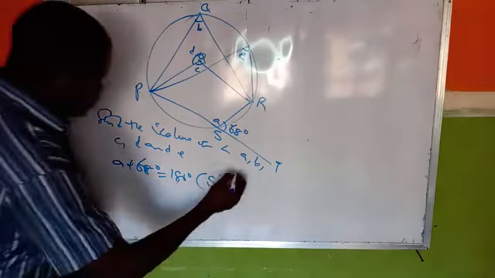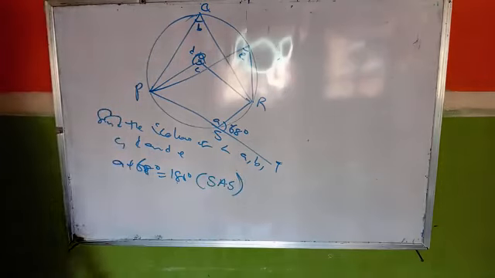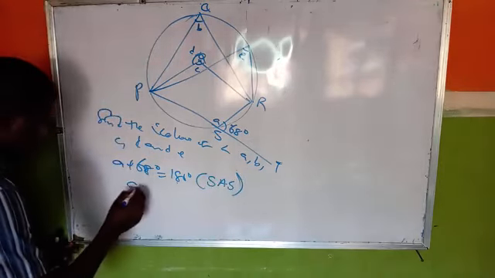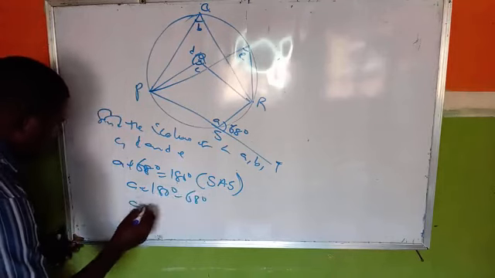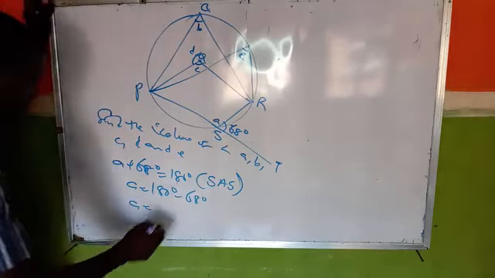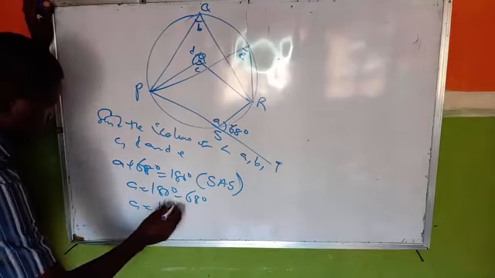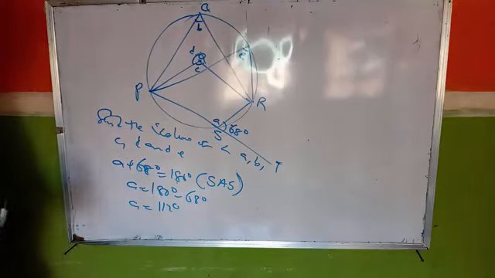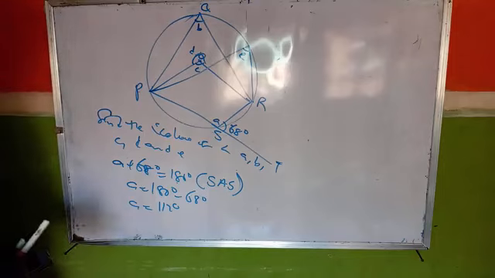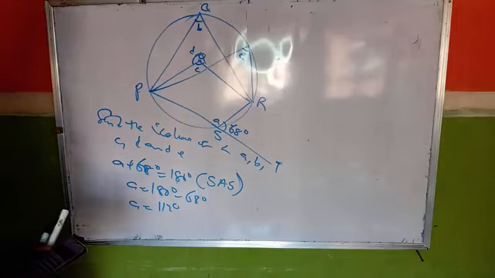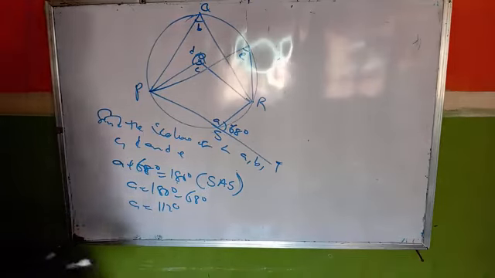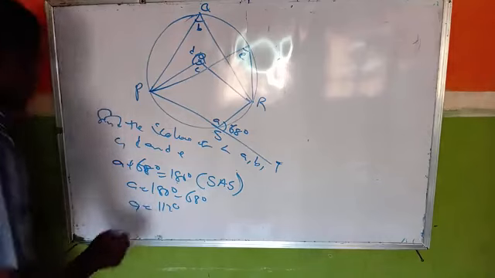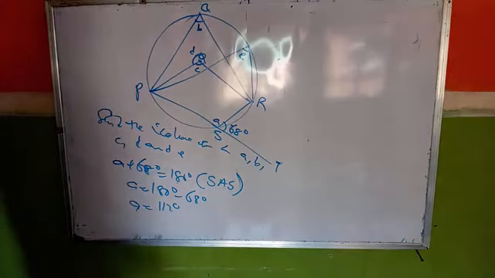So A equals 180 degrees minus 68 degrees. So A equals what? That's 112 degrees. That's A.